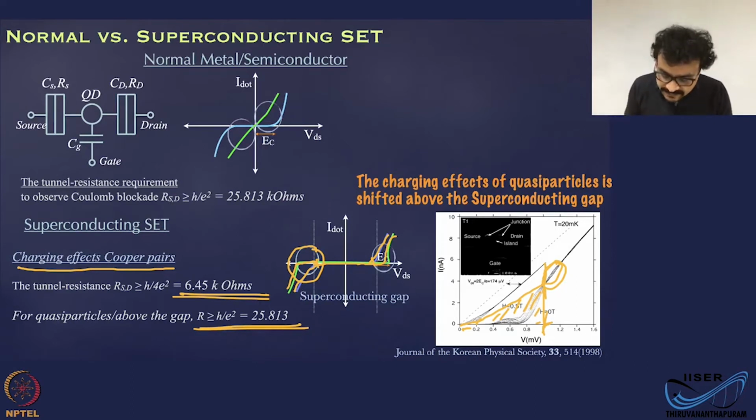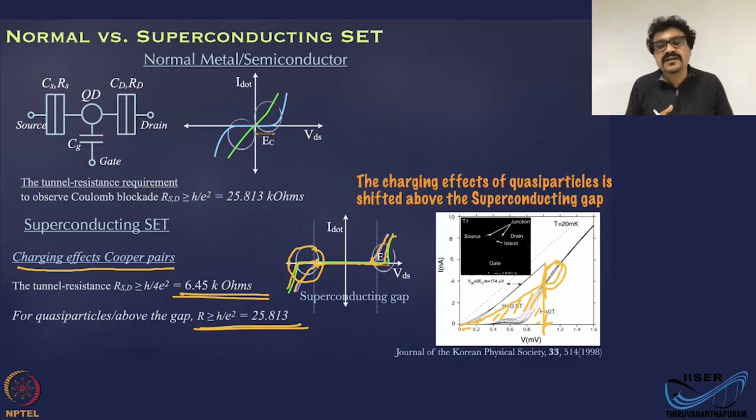So the point here, in a nutshell, is that the charging effects of the quasi-particles are shifted above the superconducting gap the moment you have superconductivity. The moment you turn off the superconductivity, in this case by the application of a magnetic field, you can see the whole curve is shifted back to the origin. So you can bring a superconducting SET to the normal state and observe the charging effects of only quasi-particles by the application of a magnetic field.